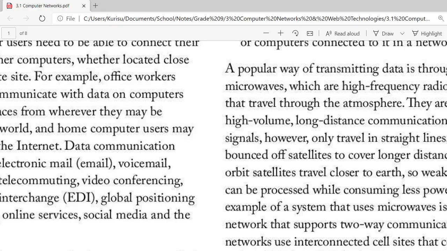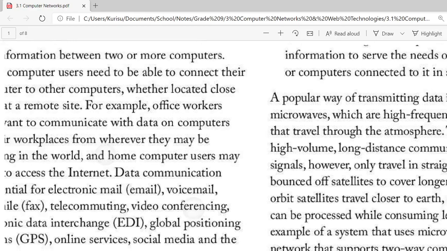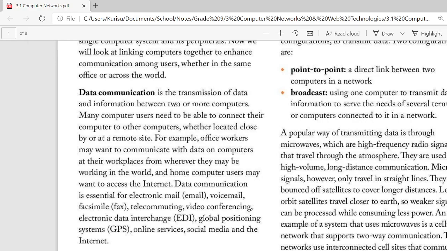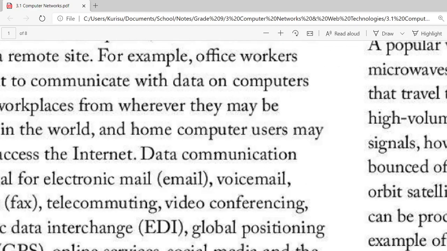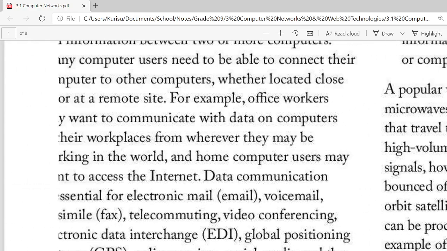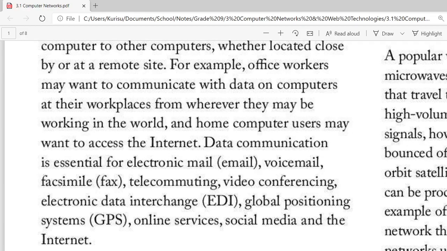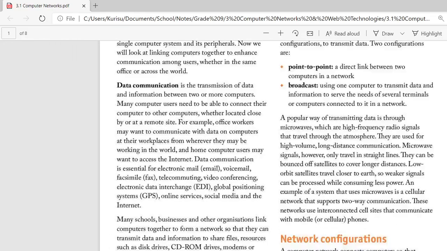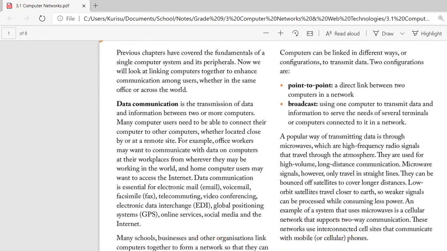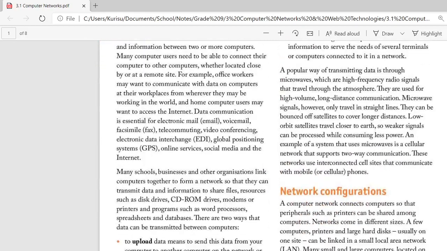The network, once you're connected, it is used to share and receive information. And that will give you services such as what we have over here. You get services like mail, email, video conferencing, online services like you can buy items, you have social media, and so on.